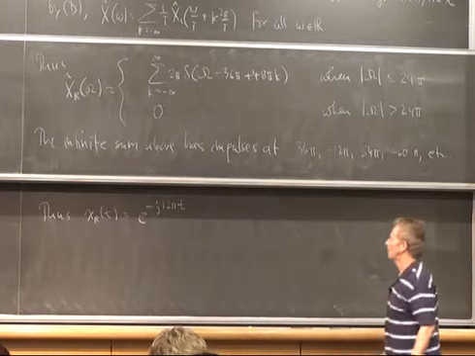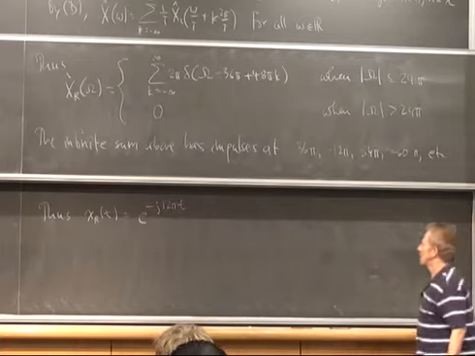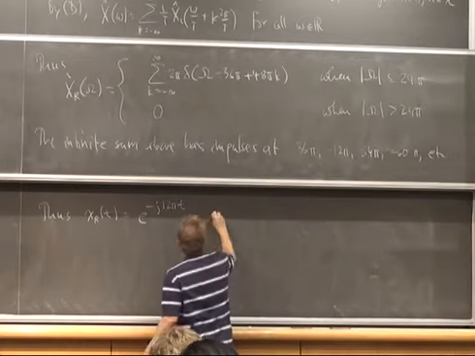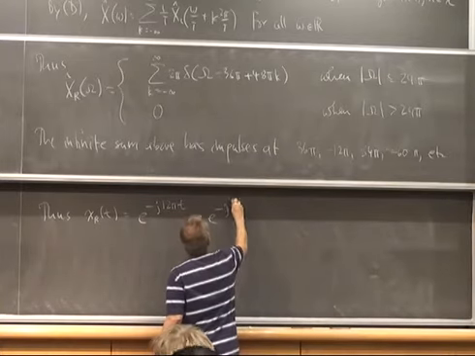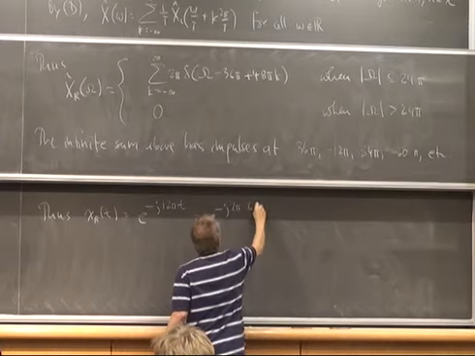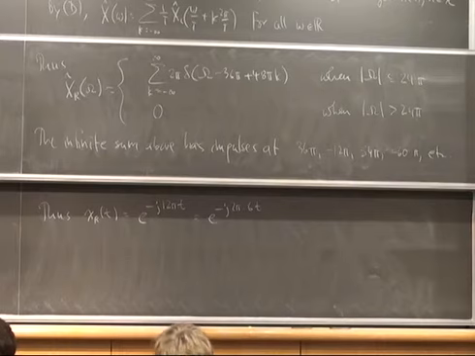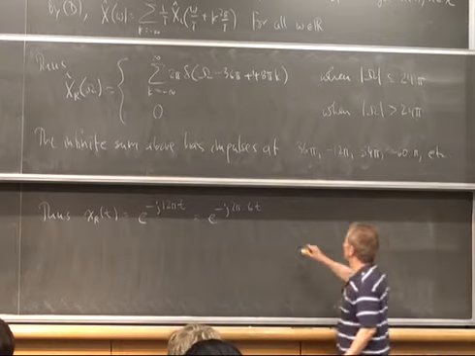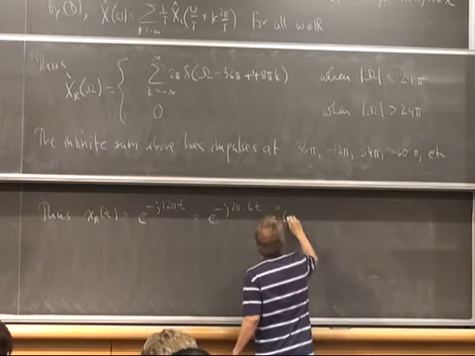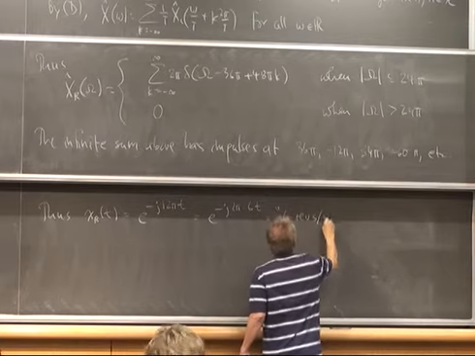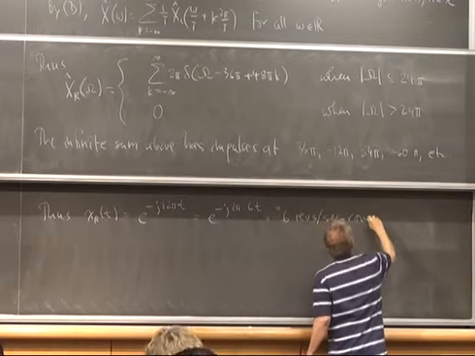Okay? And that's the same as e to the minus j 2 pi times 6t. Right? And that's the same as, quote, 6 revs per second counterclockwise.